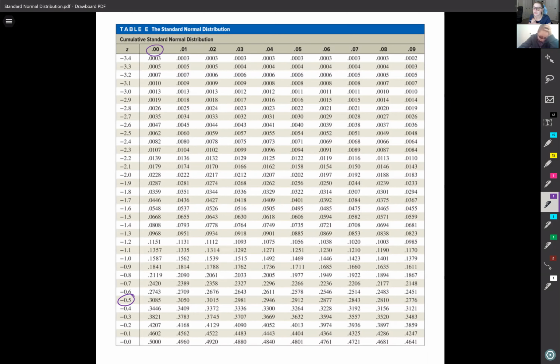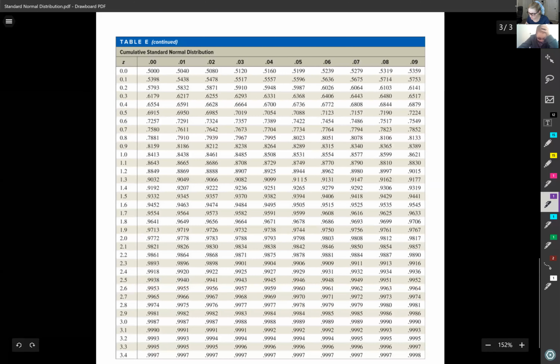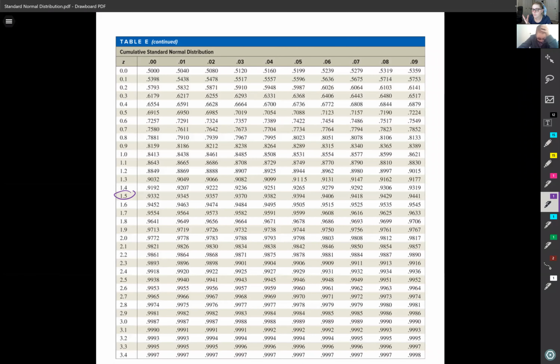We just have 0.50 essentially. I'm going to see where these meet, and they meet up at 0.3085. Then I'm going to do the same for my other z-score, which was 1.5. If we find 1.5 on the left here, that's right there. Since we don't have anything after the 0.5, we just want where it intersects the 0, and that's at 0.9332.